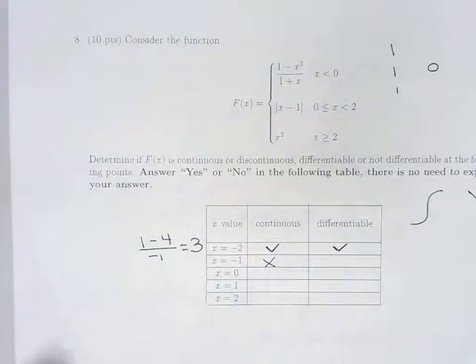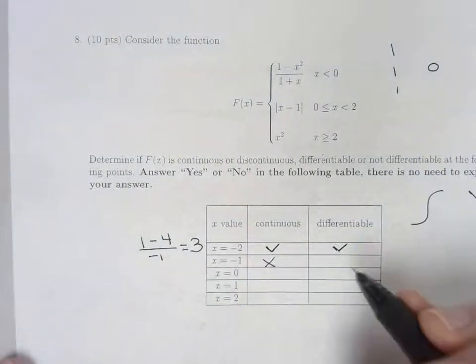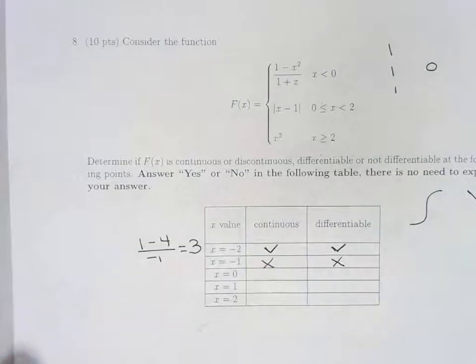It's not differentiable at an asymptote or a hole. So no. If it's not continuous, it's not differentiable. If it's continuous, it's not necessarily differentiable. But if it's differentiable, it should always be continuous, because you can't take the derivative at an x value where there's an asymptote or a hole.